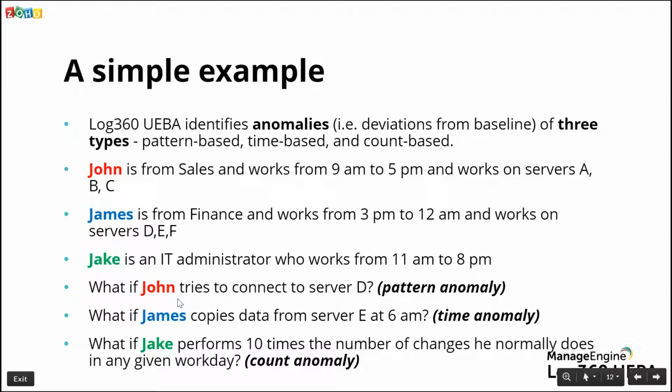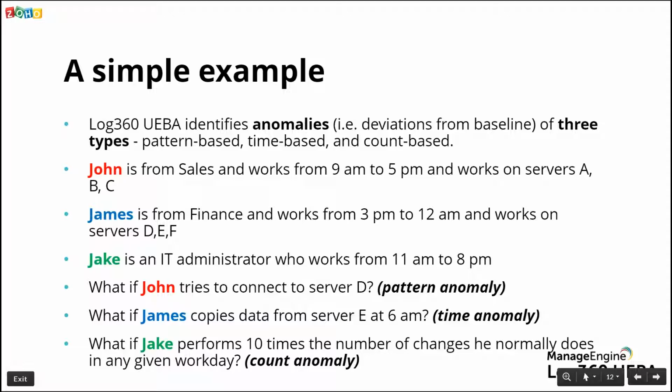Similarly, you have Jake, who's an IT administrator. He may be performing a certain number of activities per day. Let's say he executes 20 queries on a database server on any given day. But one fine day, he happens to execute 200 queries. That's 10 times the usual volume of activity expected from Jake.